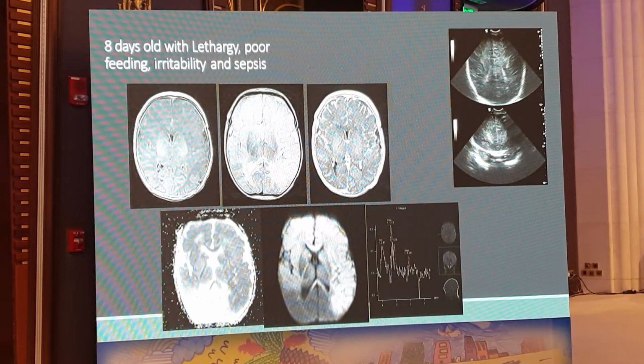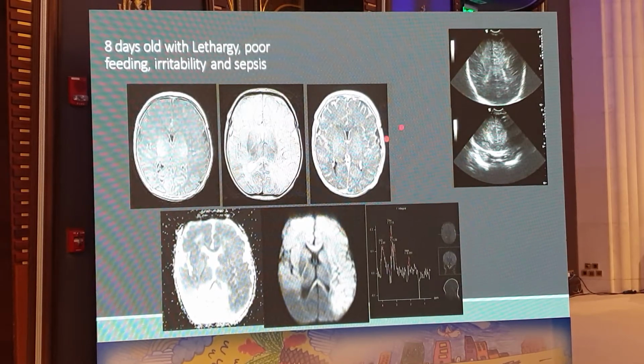The MRI shows extensive bilateral brain edema and loss of gray-white matter differentiation. The diffusion shows extensive changes involving bilateral frontal, parietal, and part of the occipital lobes. The post-contrast images show thickening and enhancement of the leptomeninges. There are also subdural collections that show diffusion restriction, consistent with pus.